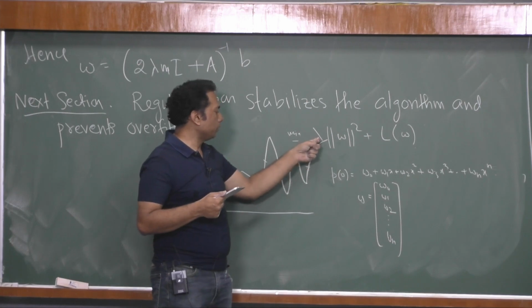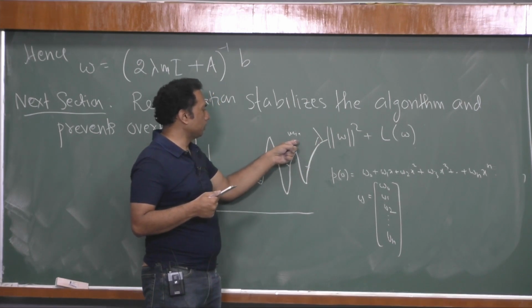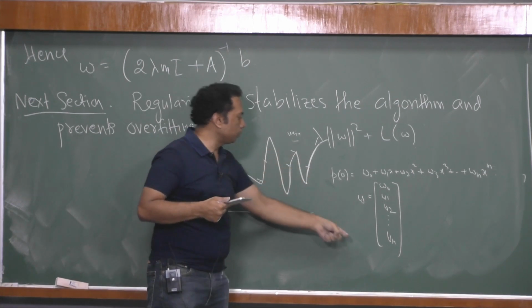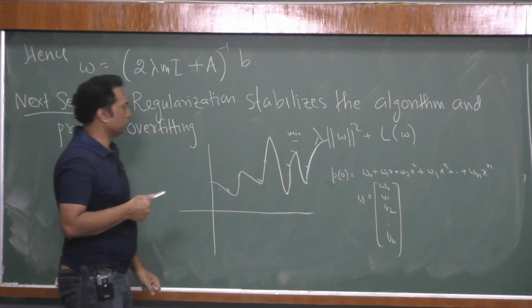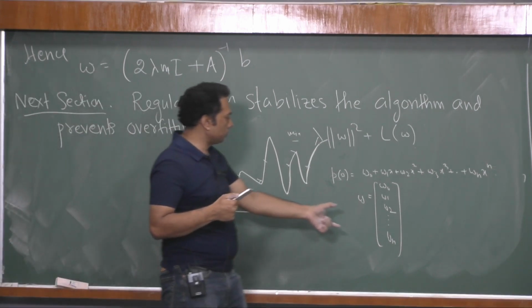Now if the lambda is very high, then for the optimizer it makes sense to keep some of the weights 0 also, because the norm is squared, so negative values also contribute. So the best possibility to minimize W is to keep some of the W's 0.